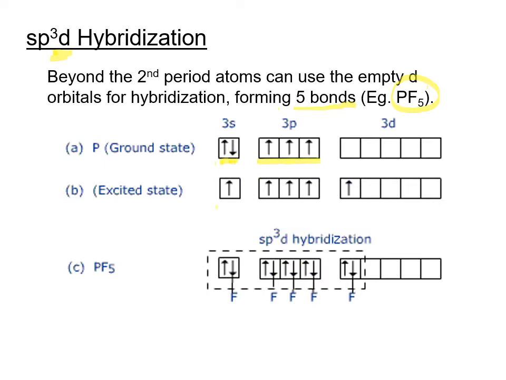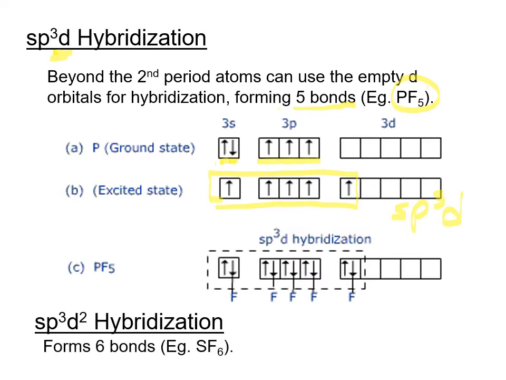But occasionally it forms 5 bonds. So in order to do that, we're going to need 5 half-filled orbitals. We're going to need an s, 3 p's, that'll give us 4 bonds, but we need 5. So it must also be including a d hybridization. So we call this sp3d hybridization.